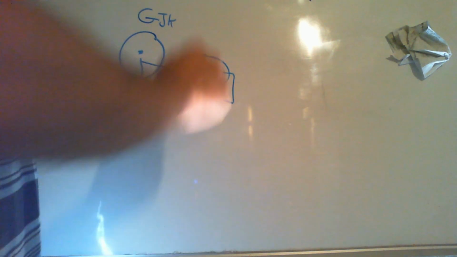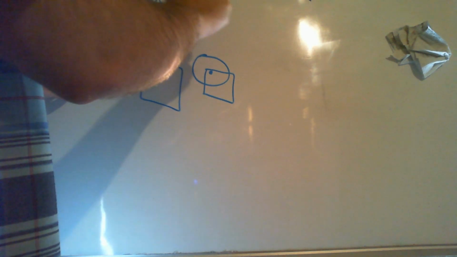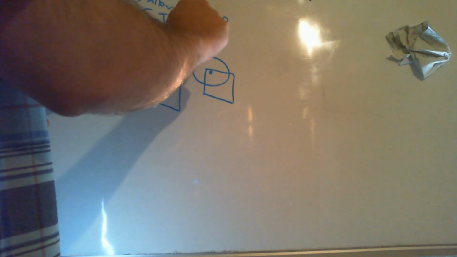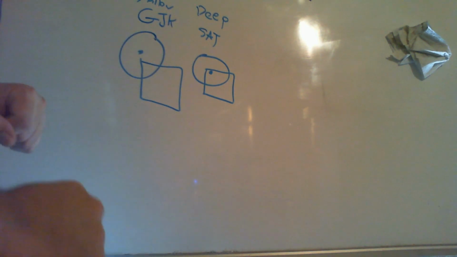So if we're in a case like this where the center of the sphere is outside the hull, we can use GJK for this. If we're in a configuration where it's something like this, where the center of the sphere is inside the hull, we're in what's known as a deep contact or a deep penetration. And we would need to do the separating axis test.